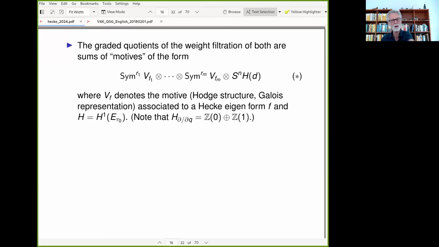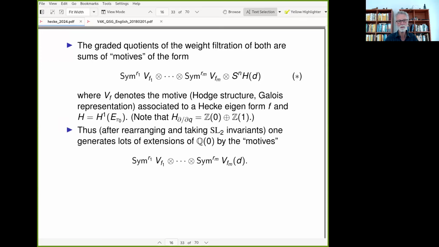So basically you've got all these interesting motives here, tensored with some representation of SL2, and after rearranging things and taking SL2 invariants, you generate lots of extensions of Q(0) by these motives. Such extensions are the subject of a conjecture of Beilinson.